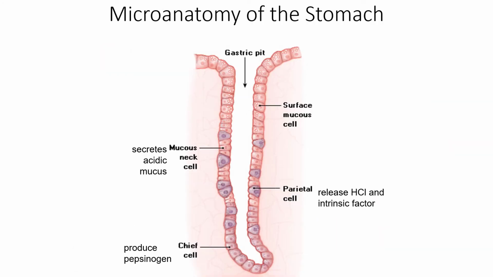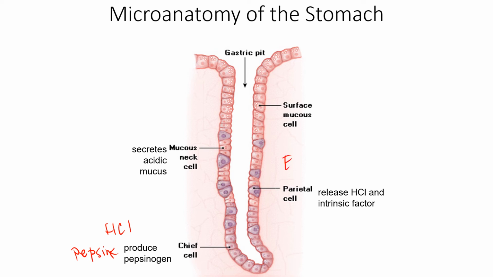Just another view here of all these cells in the stomach: mucous neck cells, chief cells which produce pepsinogen. Do you remember what is needed to convert pepsinogen into its active form called pepsin? You need hydrochloric acid. And where is hydrochloric acid made? Hydrochloric acid is made over here in these parietal cells. Well, go backwards. How do you know to make hydrochloric acid and intrinsic factor?